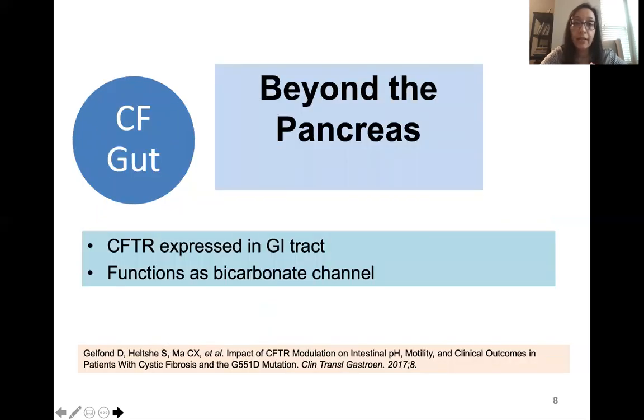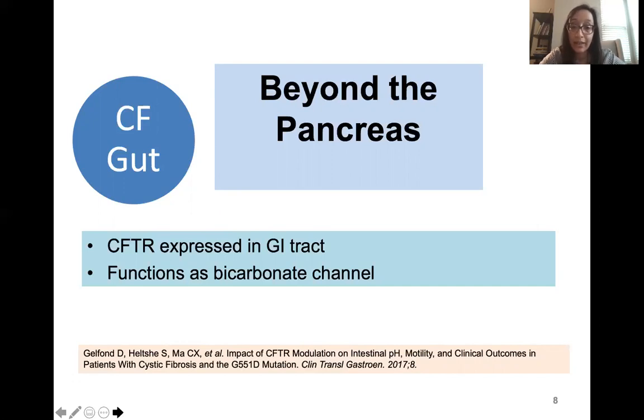So the CF gut. In order for us to understand how to care for patients with cystic fibrosis, it's very important to know that their GI disease, whether from pathophysiology or phenotype, extends well beyond the pancreas only. That's really related to two main things.